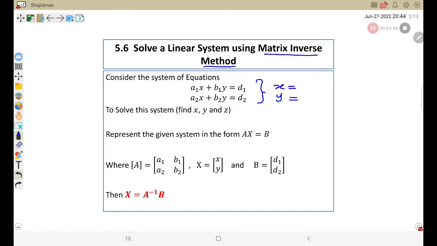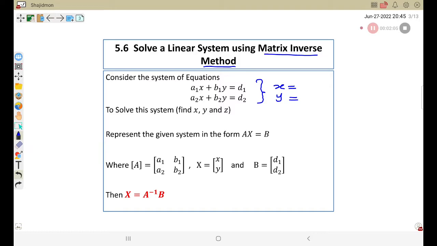In earlier sections, remember in 5.2 we studied Gaussian elimination with backward substitution to find the solution, and in 5.3 we studied Gauss-Jordan reduction to find the solution of a linear system of equations. This is the third method, the matrix inverse method.